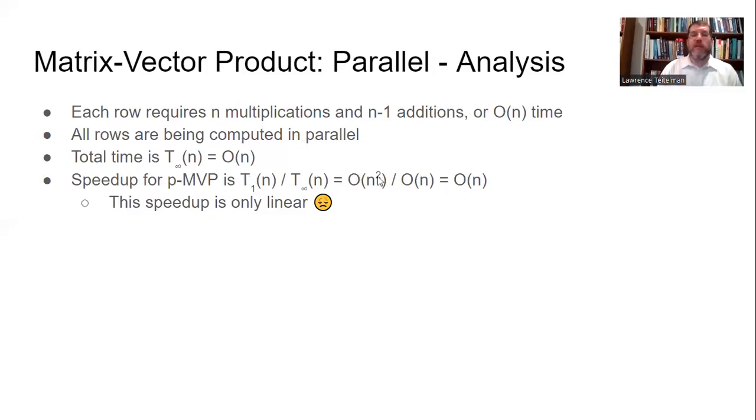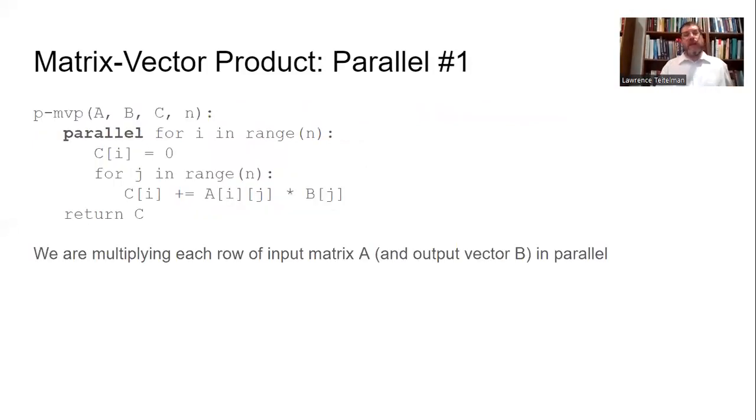So I have n squared divided by O of n, which is O of n. So I committed as many processors as we had, and what was my speedup? O of n. It's linear, all right? So we're not so happy with that. Now, let's go back to this code for a second. Is there anything else here that looks like maybe we can make parallel as well?